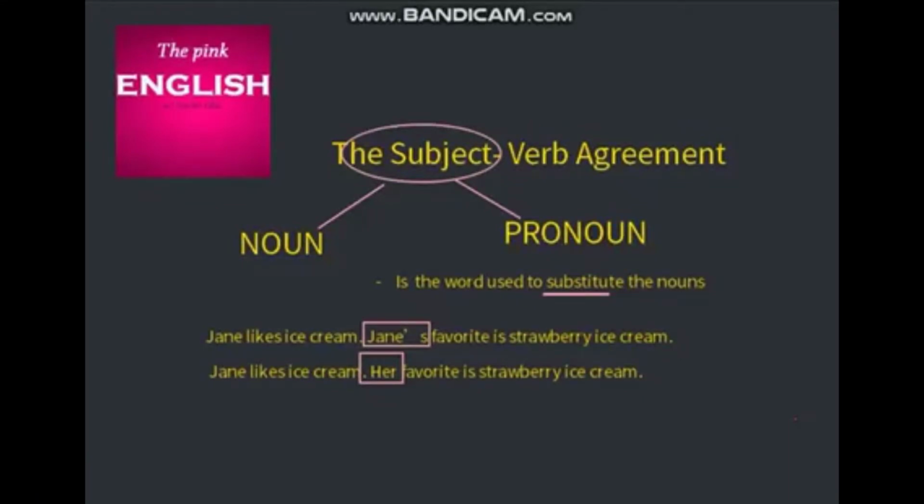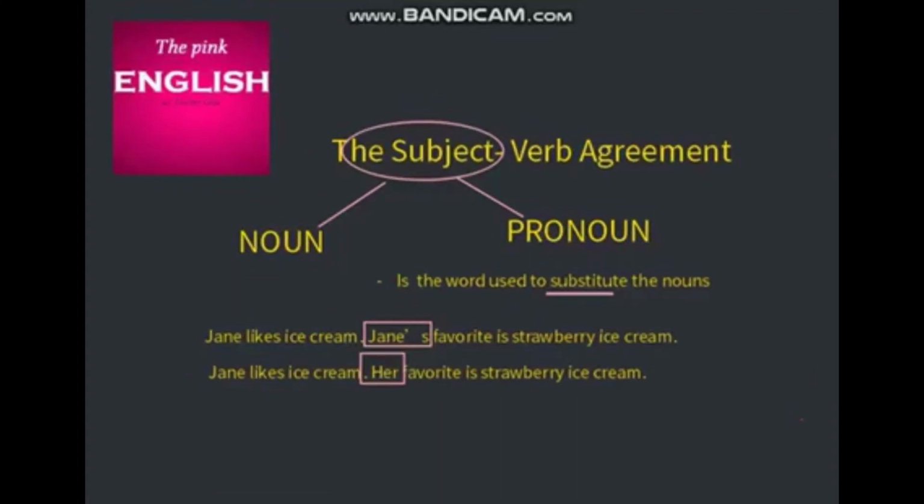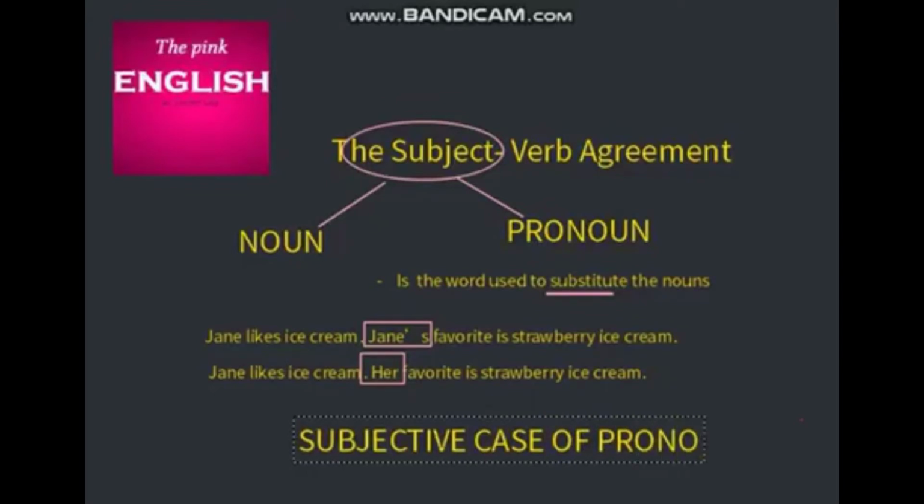There are different types of pronouns, or should I say, there are a lot of pronouns. Since we're talking about the subject, let's just focus on the subjective case of pronoun. So what is the subjective case of pronoun?